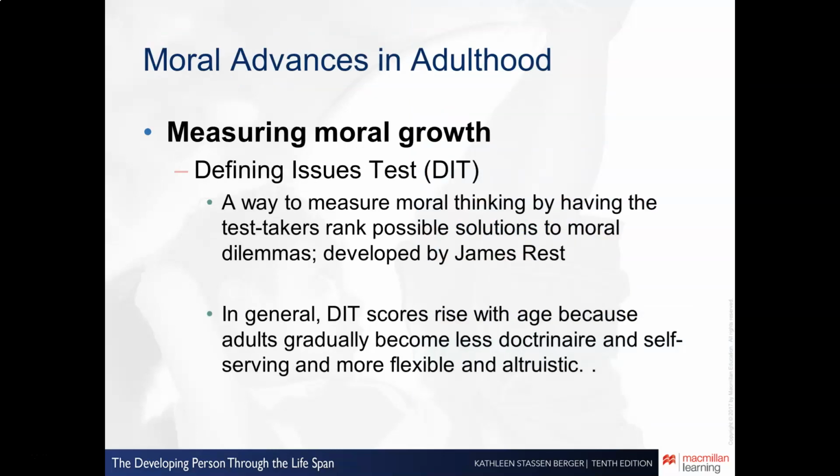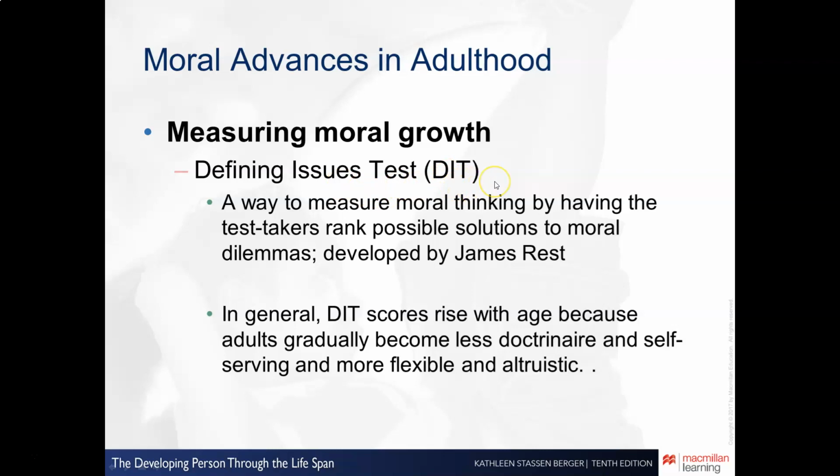Okay, so let's switch gears here and talk about how we advance morally in developing adulthood. This refers to a test, and you don't have to memorize this, called the Defining Issues Test, the DIT.